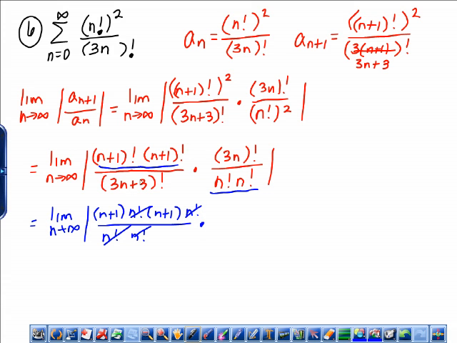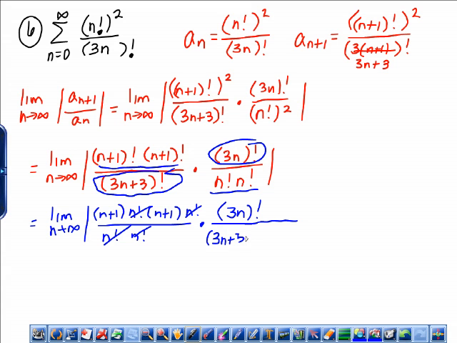Times, now I have all of this to simplify with this. The 3n factorial is not what I need to change. I'm going to leave that as 3n factorial. It's this. I have 3n plus 3, and I have to decrease by 1, so then that becomes 3n plus 2. Decrease by 1, that becomes 3n plus 1. Decrease by 1, and that becomes 3n factorial.